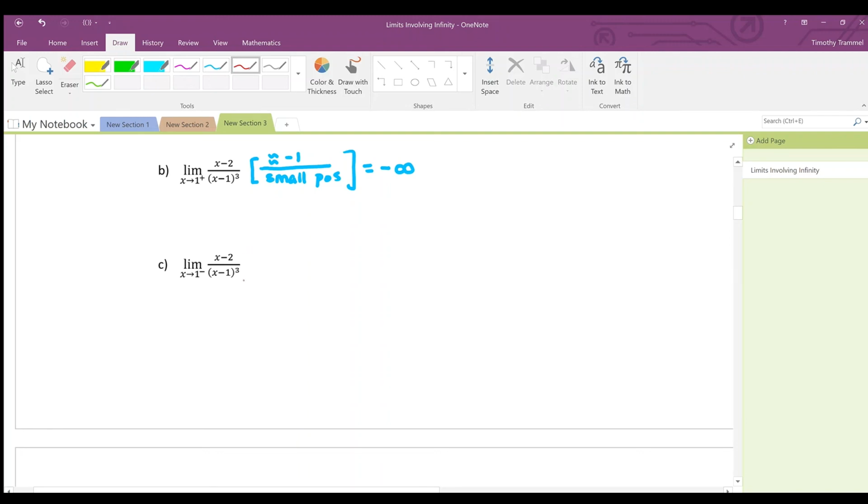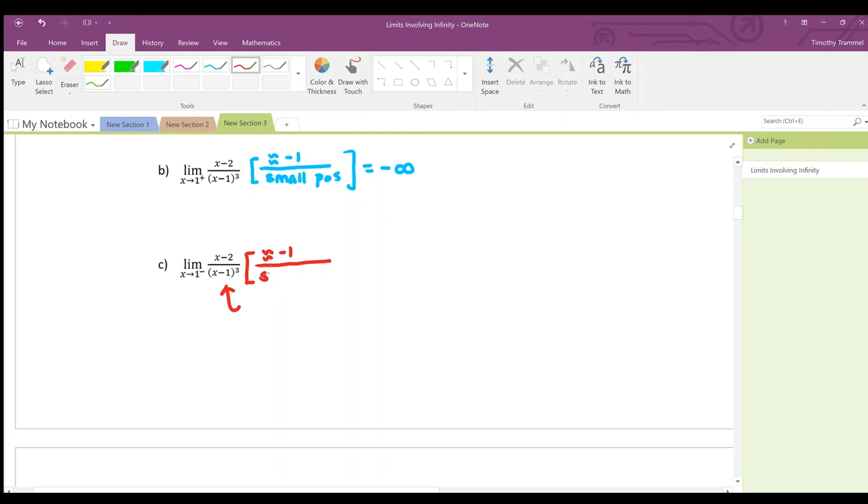Let's go ahead and do C. We'll have the same deal up top here. We have about minus 1 up there. But on the bottom this time, let's maybe think about 0.9, something a little bit to the left of 1. Okay. Well, then we have a negative cubed, which is going to be a negative.